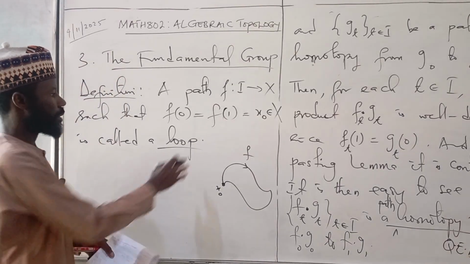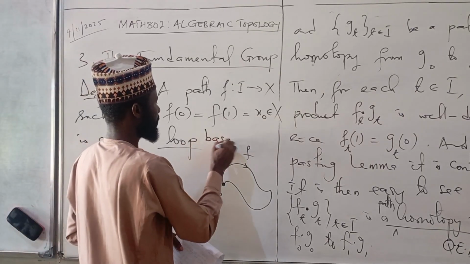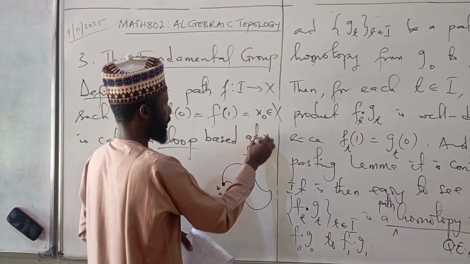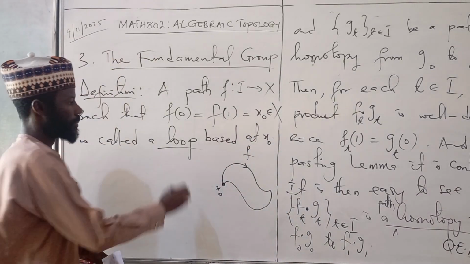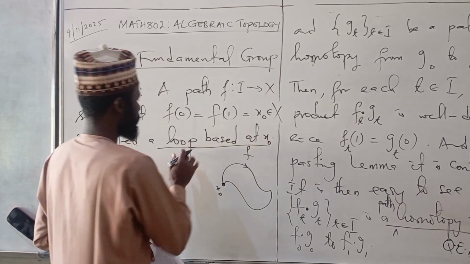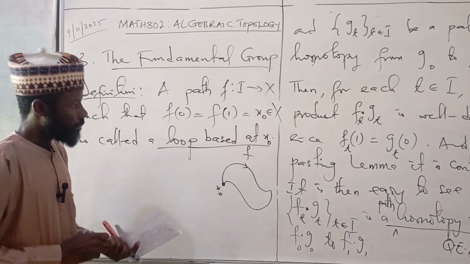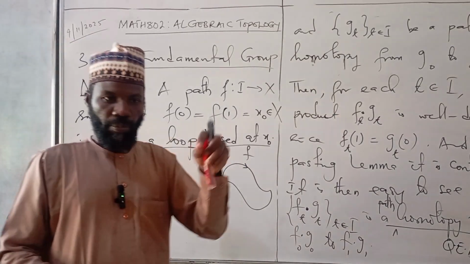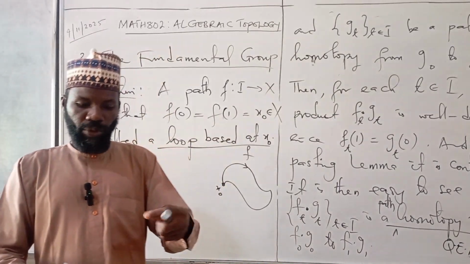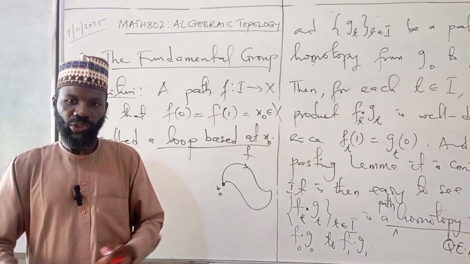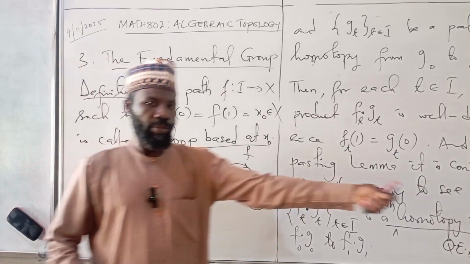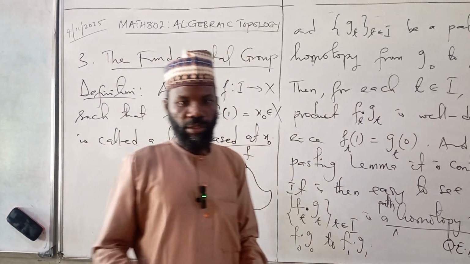It's a loop based at x naught. We need to mention the point because that point is determining the path actually. If you change the base point, it will change.